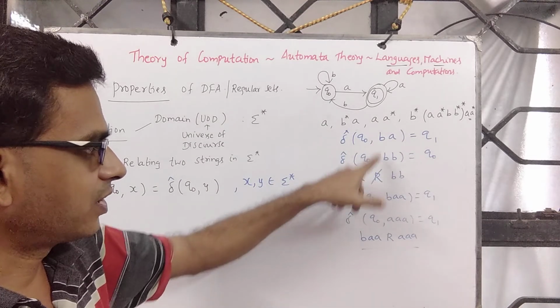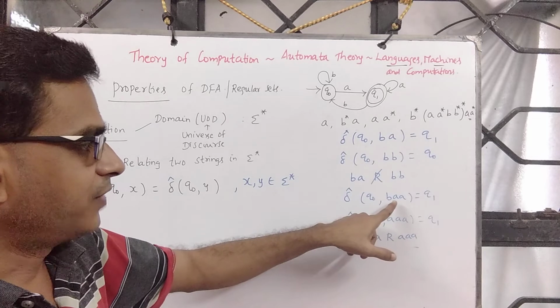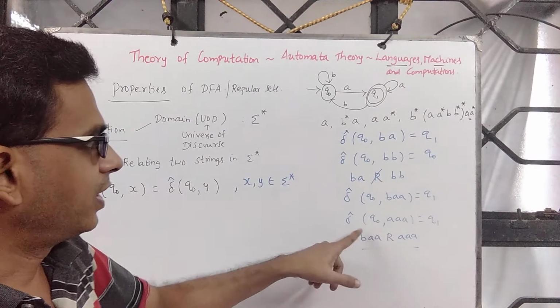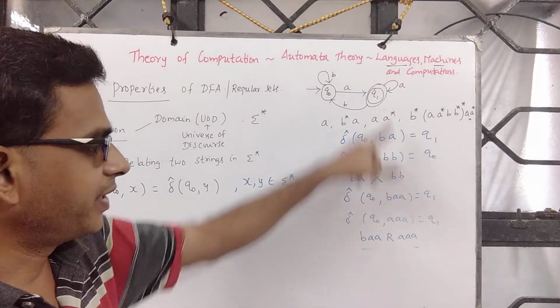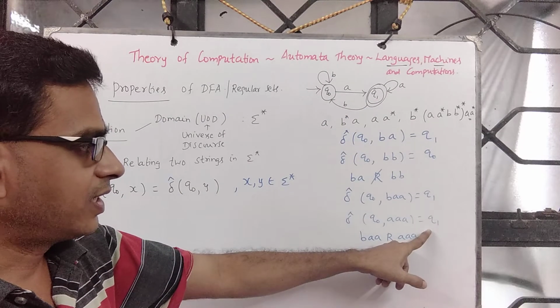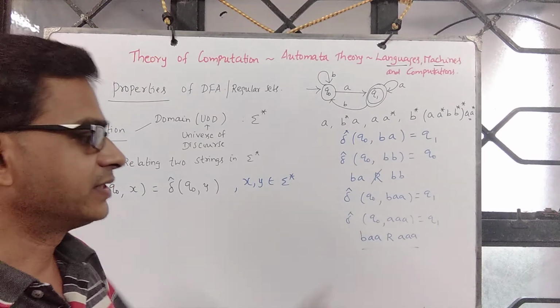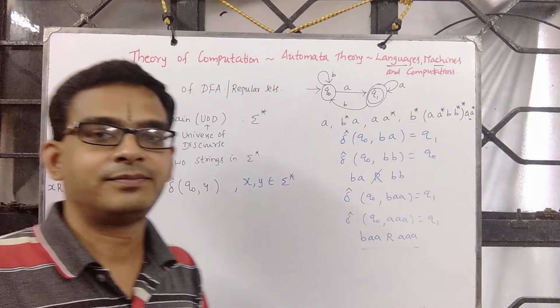Therefore, these two strings are not related. But for BAA and A followed by AA, you see that the output states are the same. Therefore, these two strings are related.